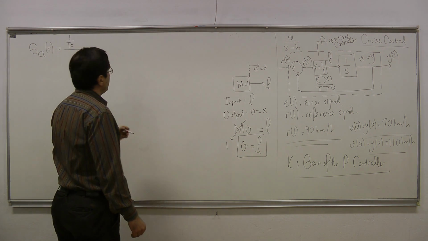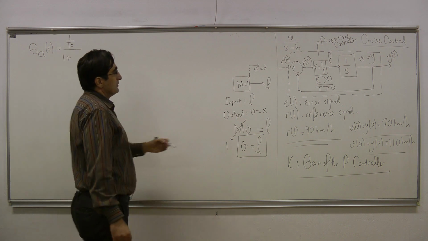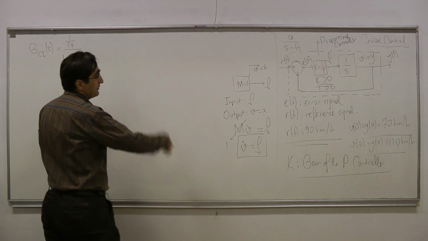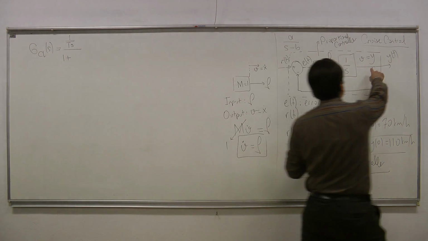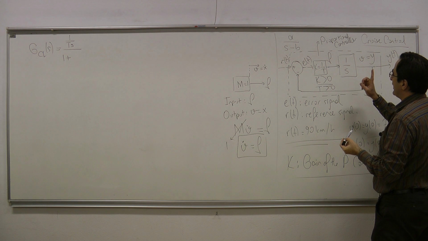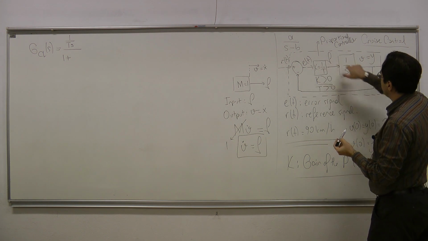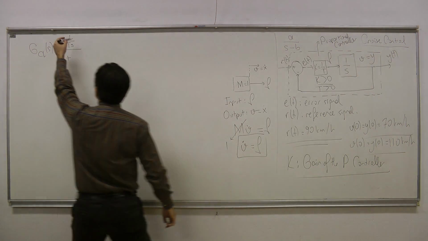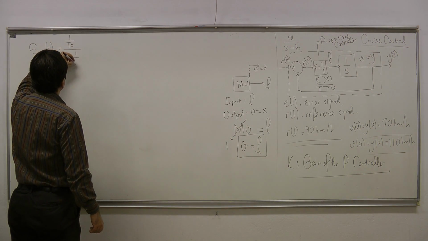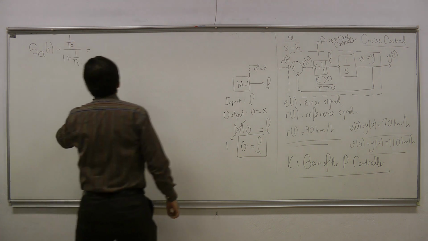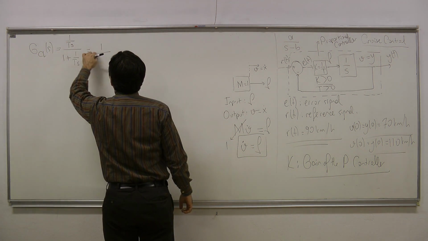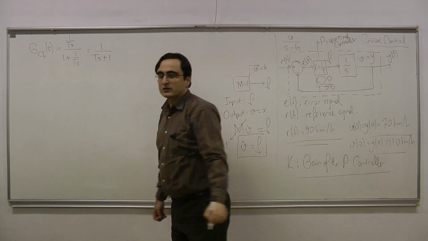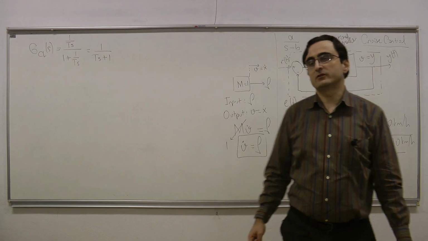Divided by 1 plus, remember this is a negative feedback loop here, and I have everything in the loop. The feedback path has the transfer function 1, and that means that everything in the loop is going to be just the forward path transfer function. It's going to be the same as the numerator here, 1 plus Ts. And that actually gives us 1 over Ts plus 1 as the closed loop transfer function of this system.